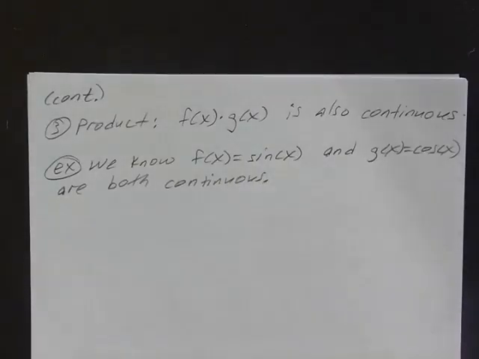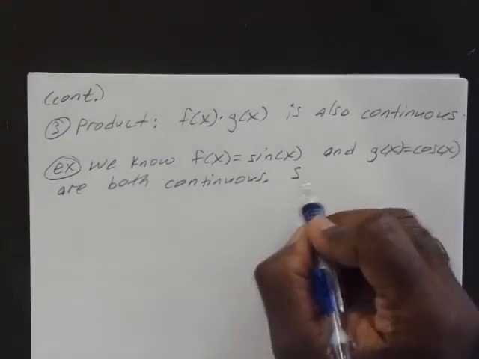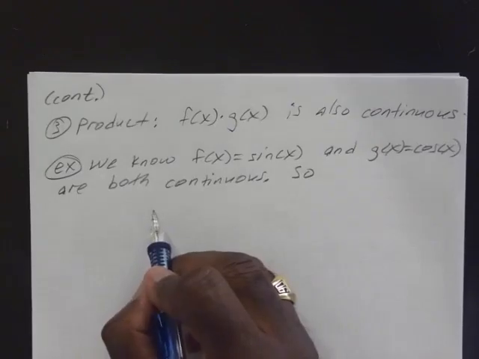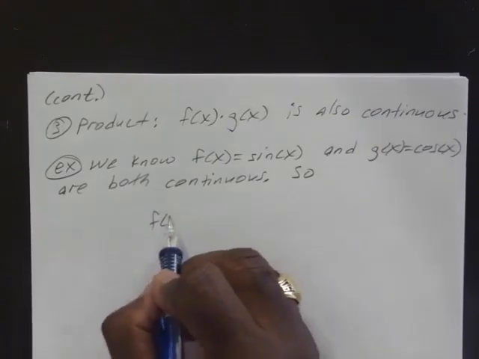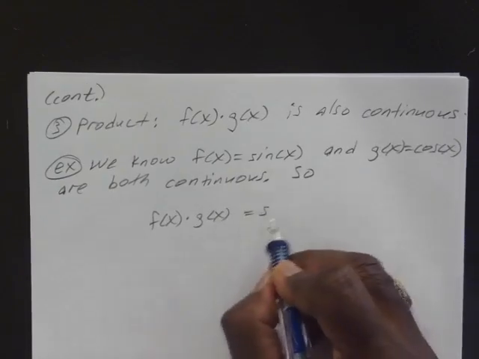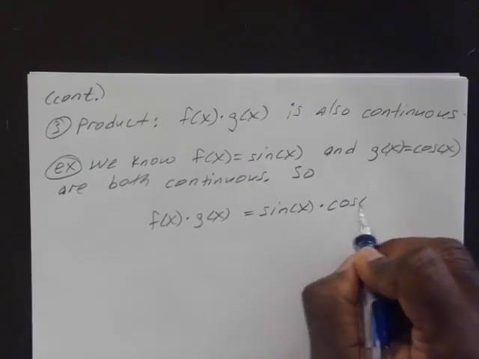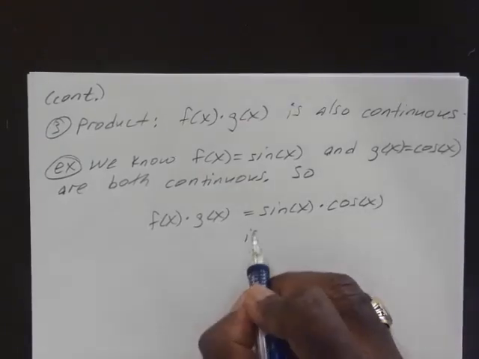If you graph them, again, no openings, no breaks anywhere, just one long graph for any interval. Okay, so since they're both continuous, if we multiply them together, it's just sine of x times cosine of x is also continuous.